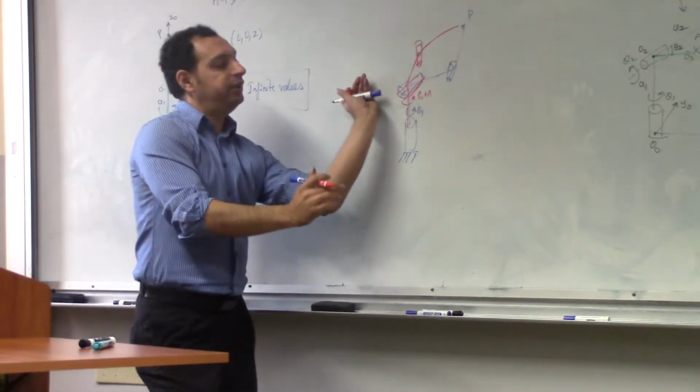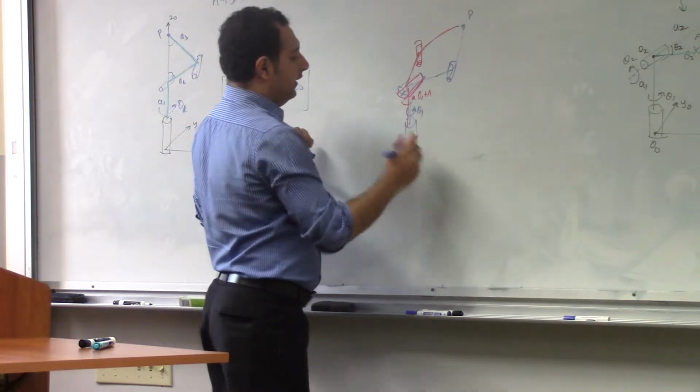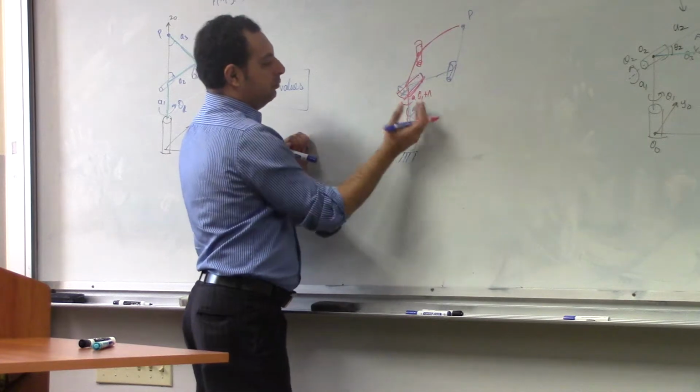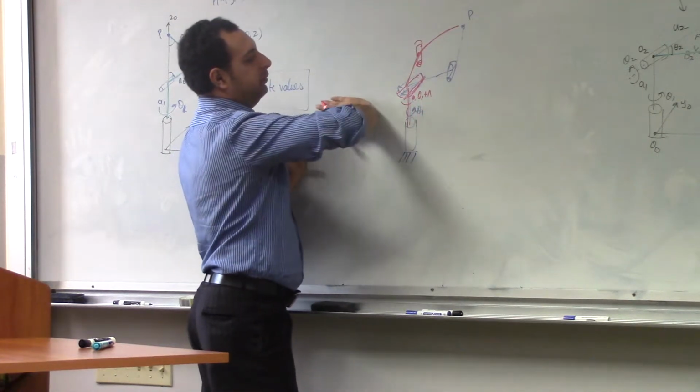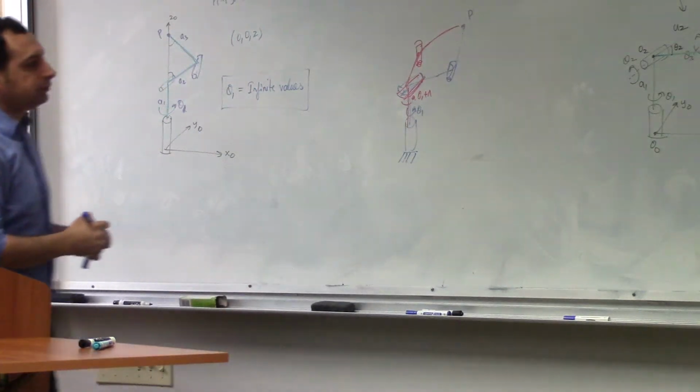I'll bring it from here and move it like this. So basically I can reach like this, or I can move that completely to the opposite side, but theta 2 I'll have to fold here, okay?